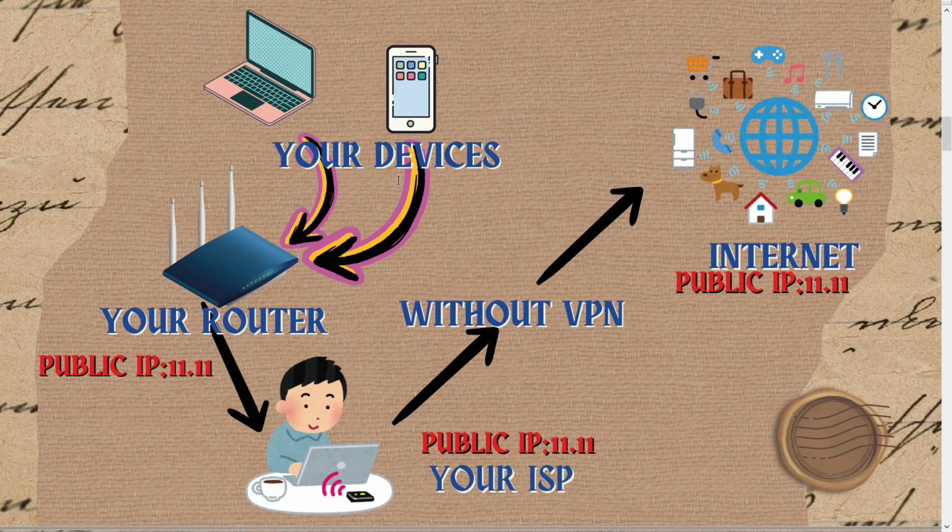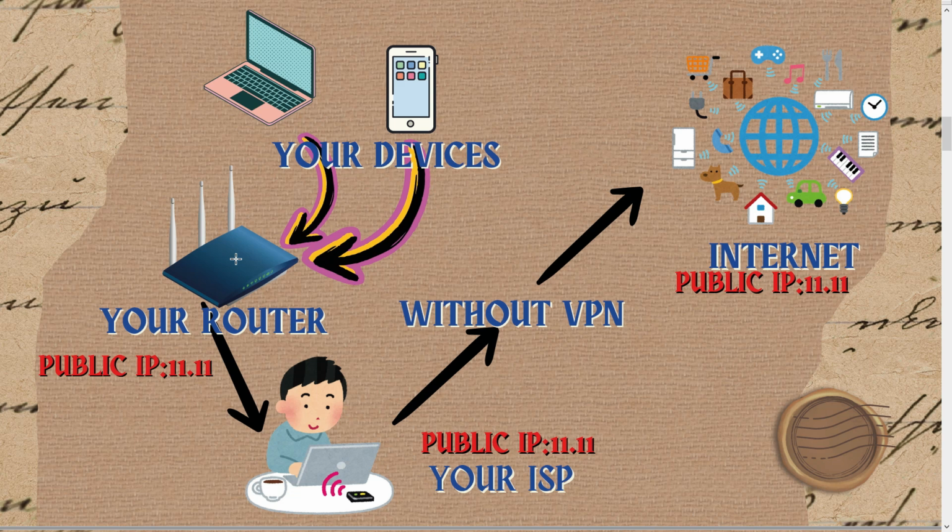Without a VPN, you connect through your router that is provided by your internet service provider with, say, public IP 11.11. For example, there is no IP like that. At your ISP offices, they will see that public IP, the one that is mapped.